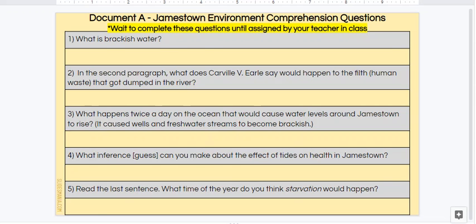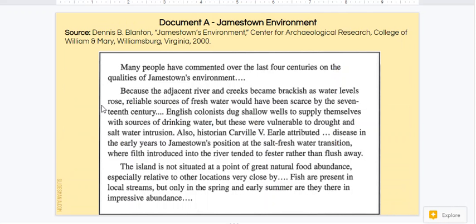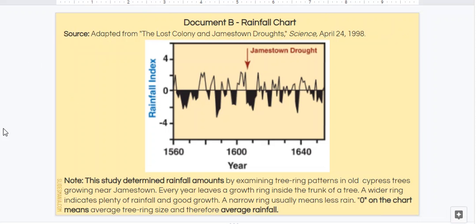Okay, so that is our first document, kind of like our first clue in answering our driving question: why did so many settlers die at Jamestown? And this is our second document, document B, a rainfall chart. The source is adapted from the Lost Colony and Jamestown Droughts from Science, April 24th, 1998.